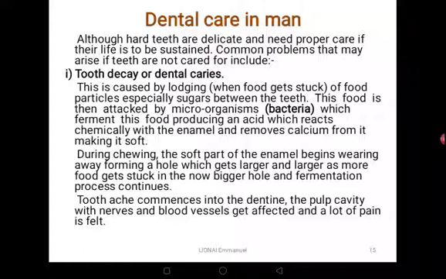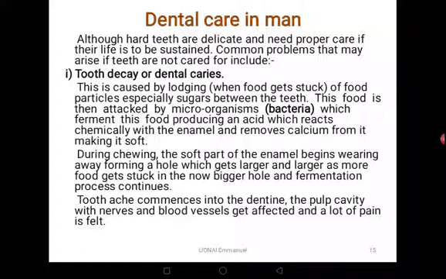We have one called tooth decay or dental caries. This is the most common one. This is caused by lodging, that is when food gets stuck, especially sugary food, between the teeth. This food is then attacked by microorganisms like bacteria, which ferment this food, producing an acid which reacts chemically with the enamel and removes calcium from it, making it soft.